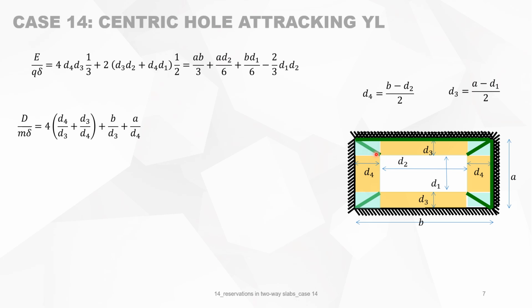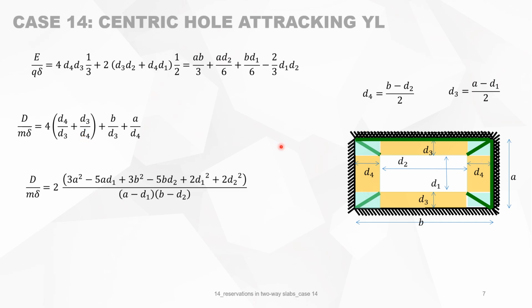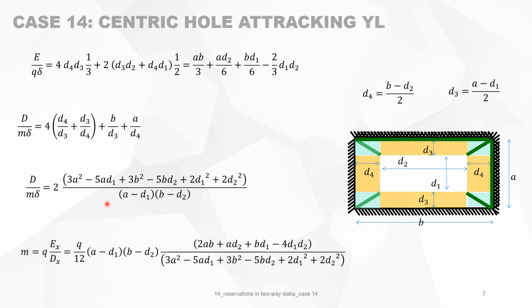In each corner, you can project to this axis of rotation and to this axis of rotation. So you have the length, D4 divided by D3, times the angle of rotation, plus D3 divided by D4. That's for the 4 corner yield lines. We fill in the different variables, and we have this formula. Setting D equal to E, we can get M out of it, and this is the formulation for M.